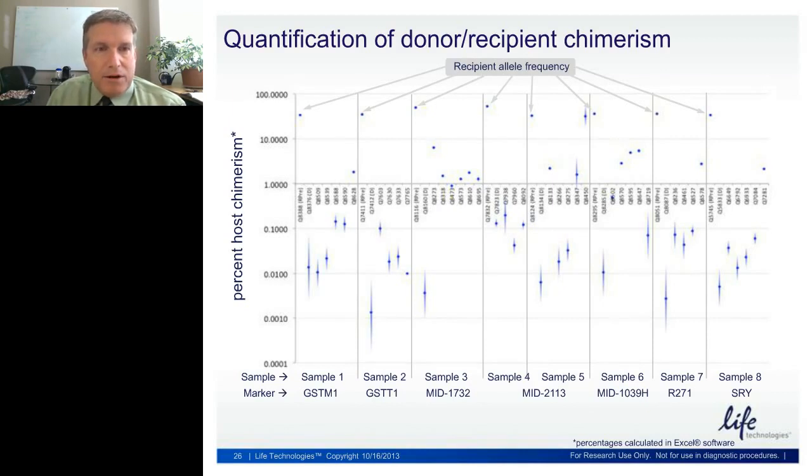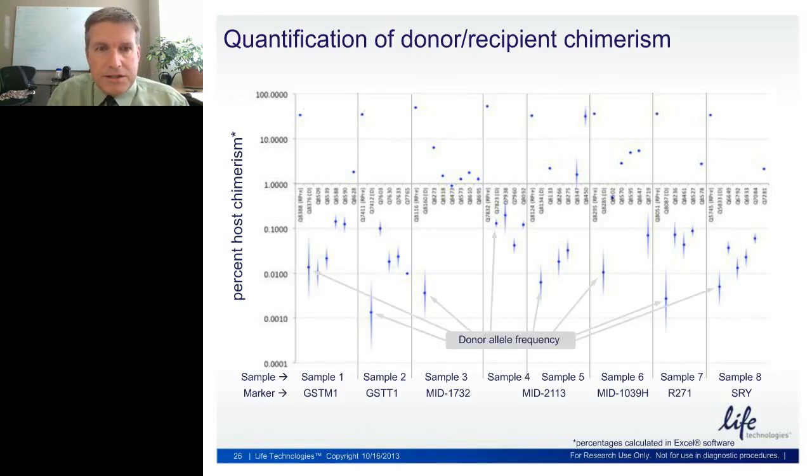Okay, so this is the recipient frequency. This is the donor frequency down here at the bottom, and you can see that relative to the recipient, there are very different percentages of chimerism that are detectable. In other words, the donors have undetectable or very, very low amounts of the same locus.